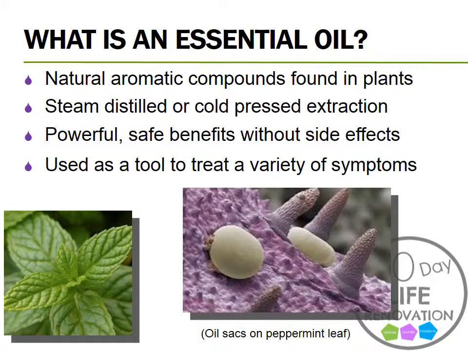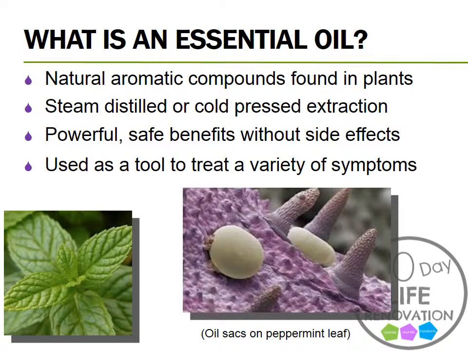These particular compounds are extracted from the plants either by steam distillation or through some kind of cold pressing extraction. The compounds are very powerful, very potent, but yet they yield safe benefits and no side effects. They are used as a tool to treat a variety of symptoms.